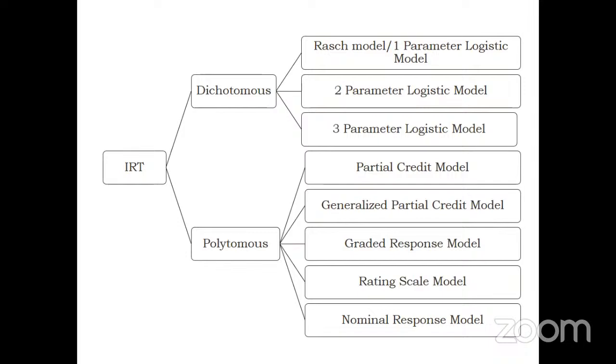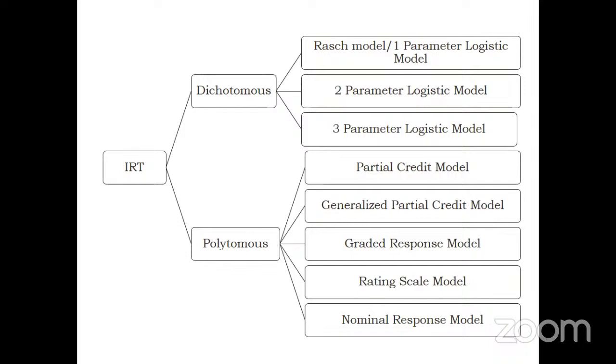I think someone was asking what we do for such kind of responses. In a rating scale, ideally we have a 5-point rating scale or 7-point, 9-point or 11-point rating scale. So you have multiple response options. So those are the polytomous responses. There we do not have correct or incorrect responses. You get only the typical response for a particular person, right?